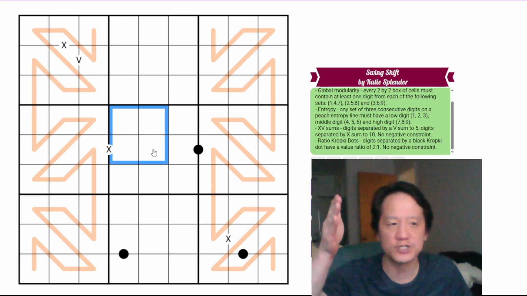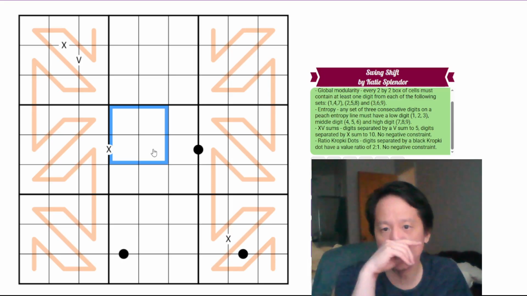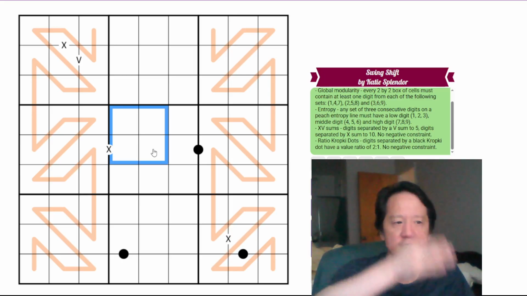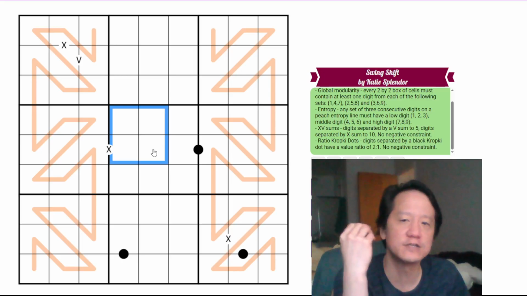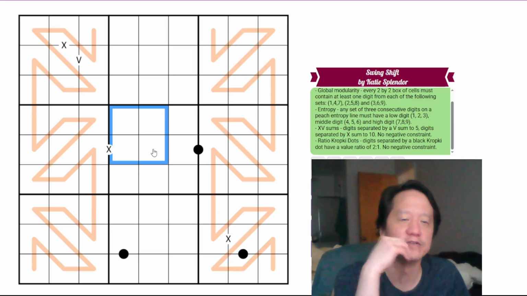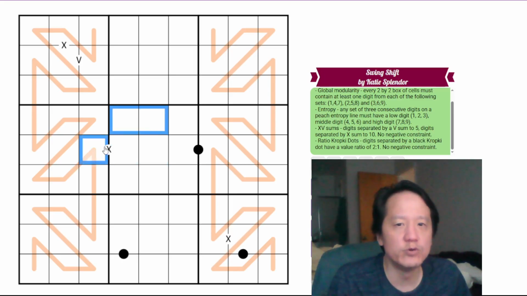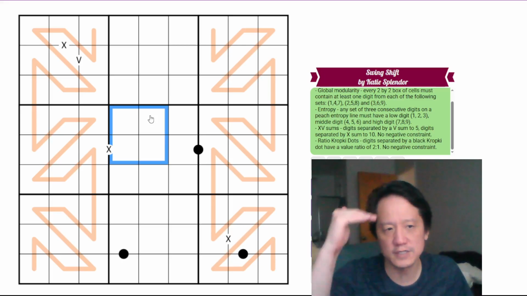Because if you have 147 and you divide by 3, that's essentially a remainder of 1. So it's 1 modulo 3. 258 divided by 3 is 2 modulo 3, and 369 divided by 3 is 0 modulo 3. So that's why it's called modularity, right? Because it's modulo lines. But it's global modularity, so every 2 by 2 box must have at least one of each of those sets.